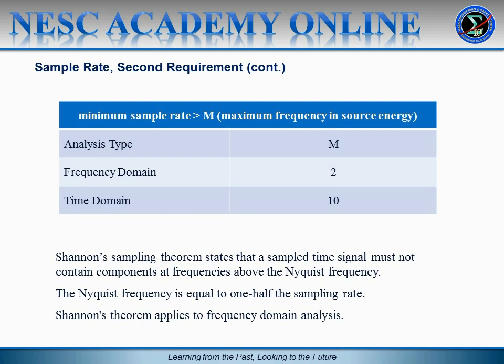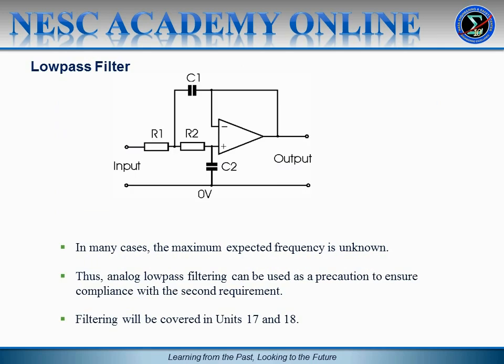Now Shannon's sampling theorem states that a sampled time signal must not contain components at frequencies above the Nyquist frequency, and again the Nyquist frequency is equal to 1/2 the sample rate. And Shannon's theorem applies to frequency domain analysis.